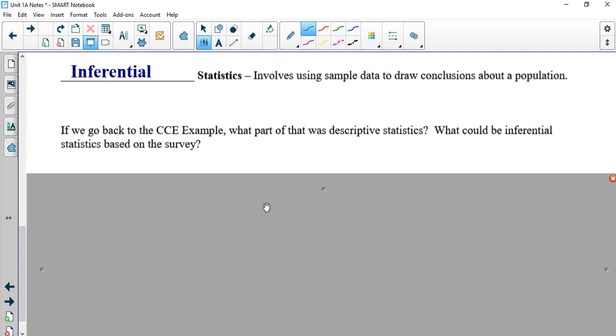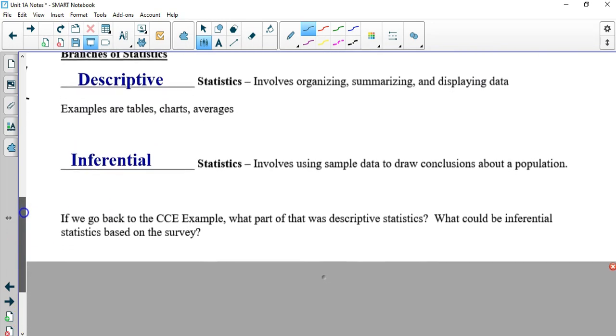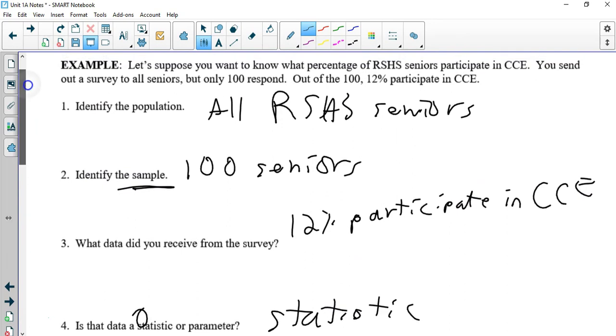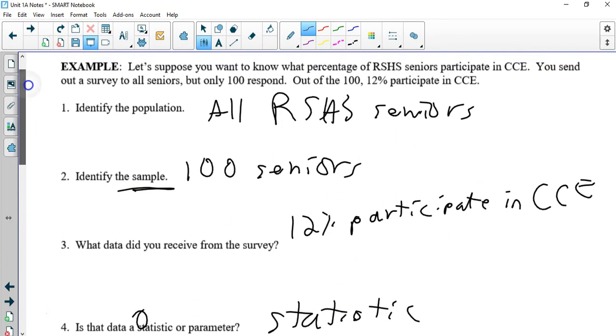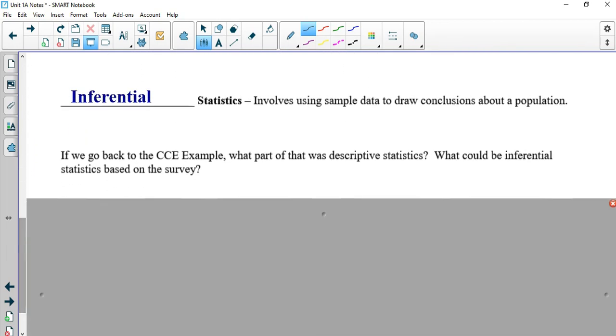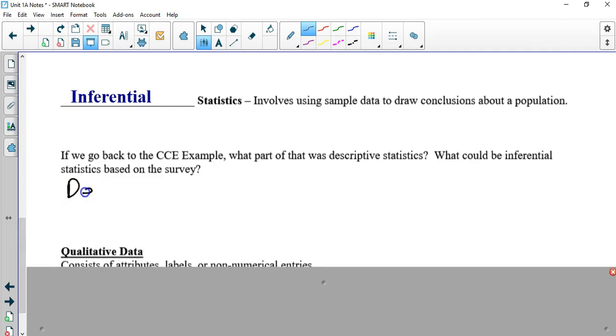So if we go back to the CCE example, what part of that was descriptive and what could be inferential based on the survey? Well, let's go back. Descriptive are tables, charts, and averages. Okay? So looking back at this example, we don't have any tables or charts to look at. But averages, we know that 12% take CCE.